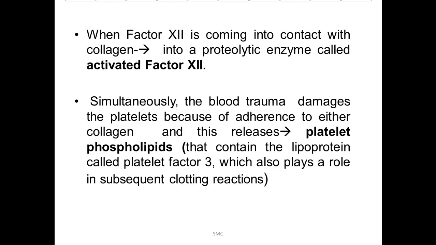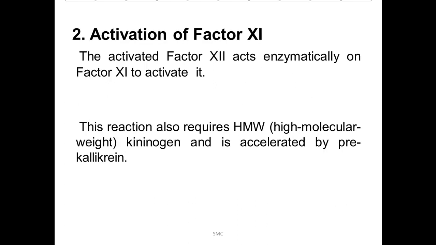Factor XII comes into contact with the collagen and becomes a proteolytic enzyme called activated factor XII. Simultaneously, blood trauma damages the platelets because of adherence to collagen, and this releases platelet phospholipids that contain the lipoprotein called platelet factor III, which also plays a role in subsequent clotting reactions.